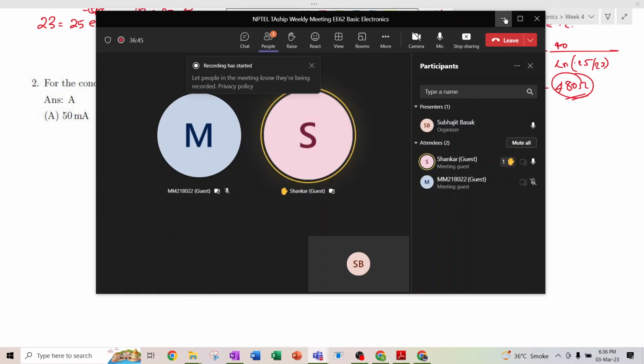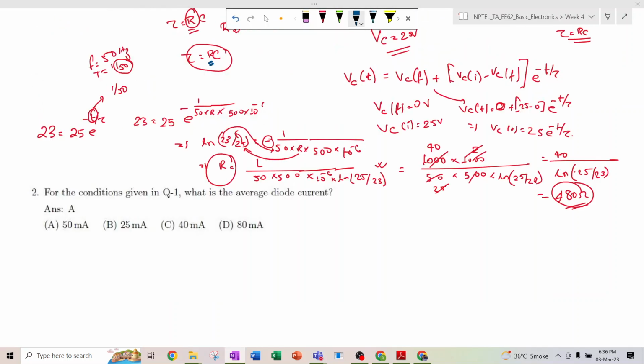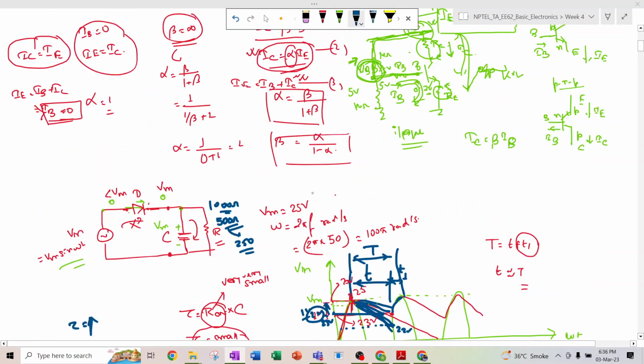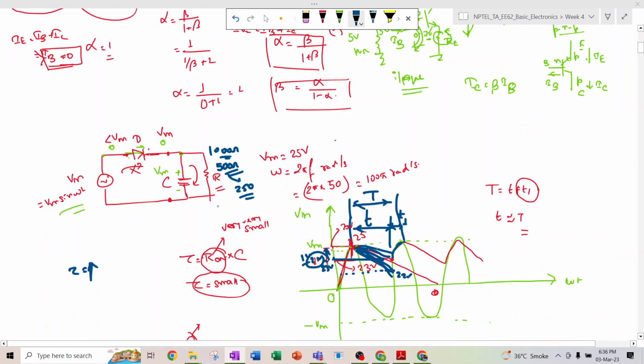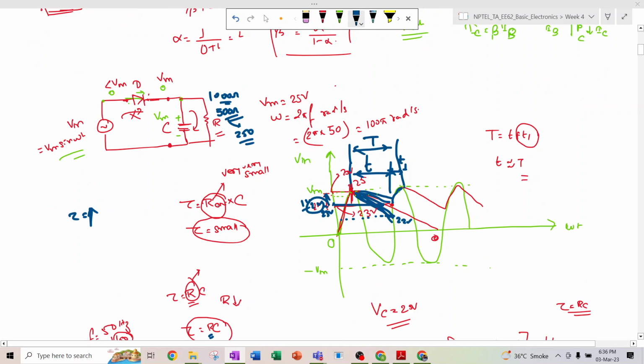Yeah, sure. Okay, what happens if it is an inductive load instead of a resistive load? Okay, then in case of the inductive load, right? Yes.